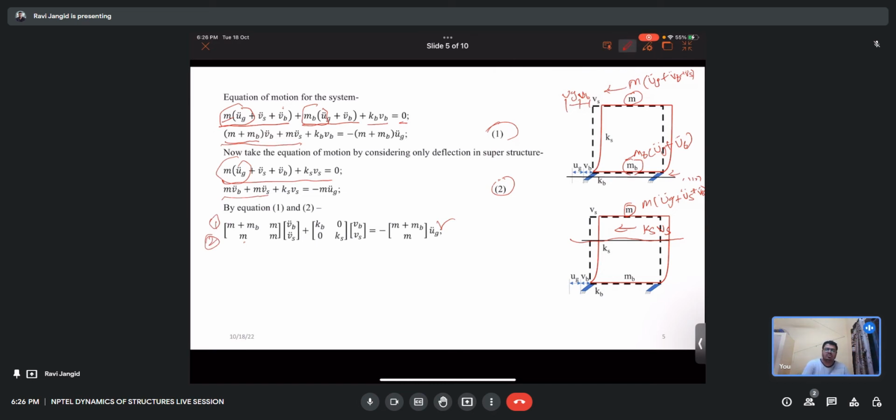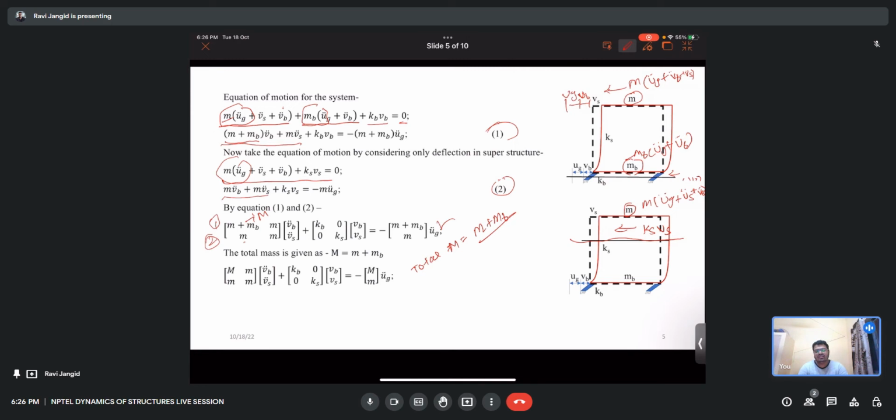Now we need to solve the eigenvalue problem. One thing is that our total mass of the structure is the mass of the superstructure and the mass of the base mat, so that will be replaced with the capital M. I have written this.